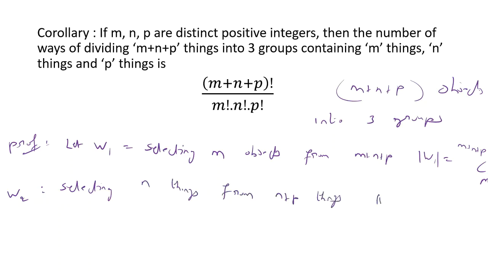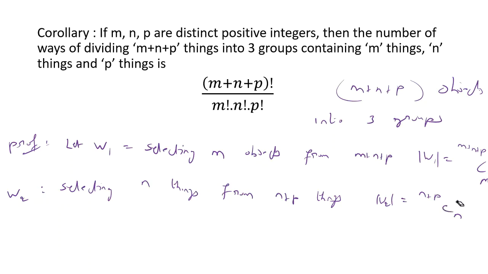So this can be done in n plus p choose n ways. So after selecting n objects from n plus p objects, we will be left with p objects. So after performing W1, we'll be having m elements. After performing W2, we'll be having n elements, and the leftover elements is going to be p.